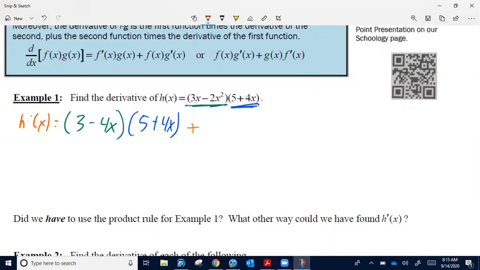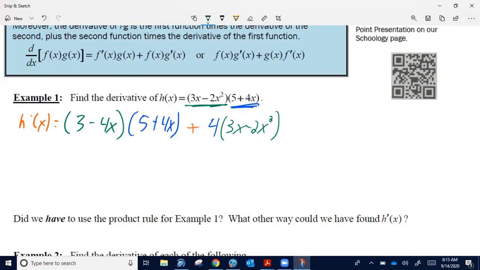The derivative of 5 plus 4x is going to be a number 4, because the derivative of a number is 0, 4x is 4, and then multiply that by the first part unchanged, 3x minus 2x squared. And that is the derivative.